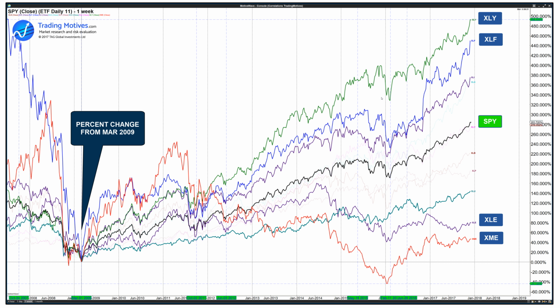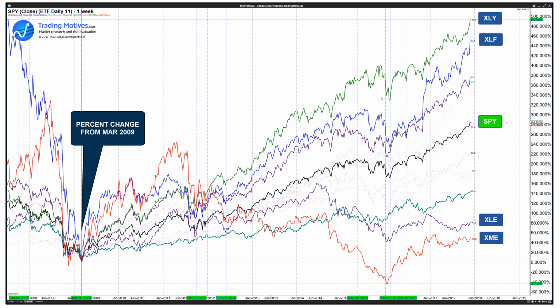Now, if you're an investor or a position trader and you're looking to try and outperform the general market, we use correlations for this, and at first glance this may look like a mass of lines. What we're really interested in looking at is on the right hand side of the chart. This is a percent change correlation from the March 2009 lows, and in this example we're using the sector ETFs, and this is the SPY.